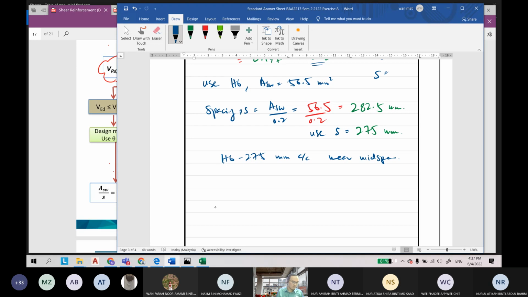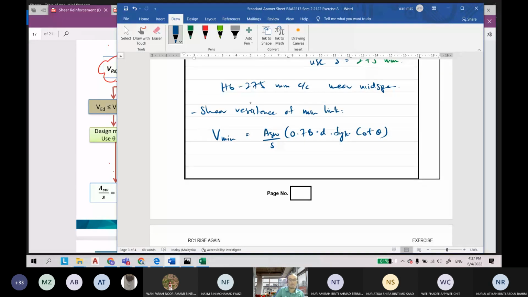Now we have to check the shear resistance of minimum link. We can use this equation: V minimum is equal to ASW over S times 0.78 D times FYK times cotangent theta, where theta is still equal to 22 degrees.